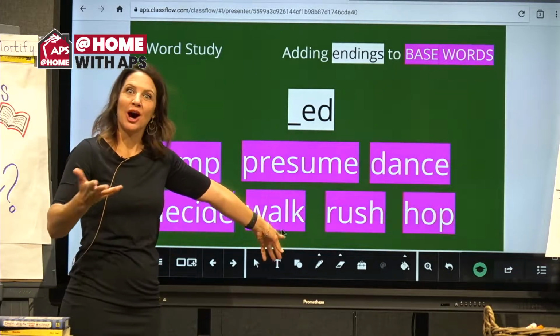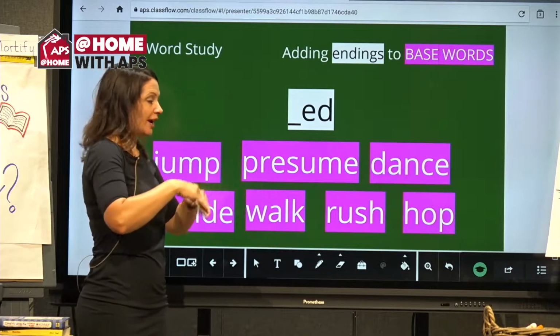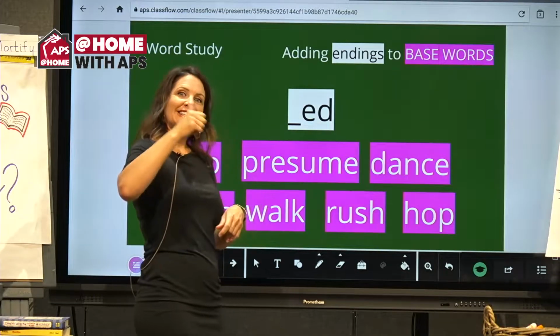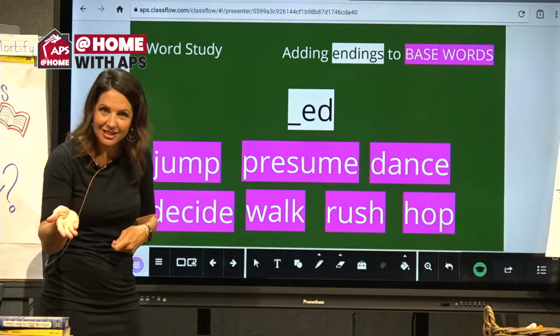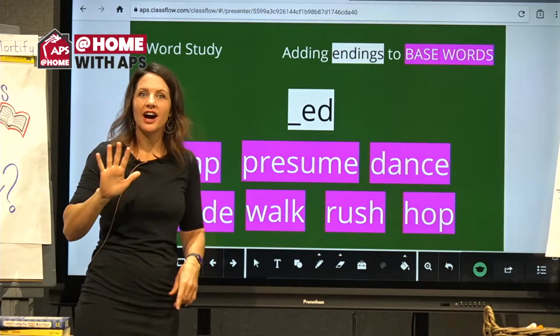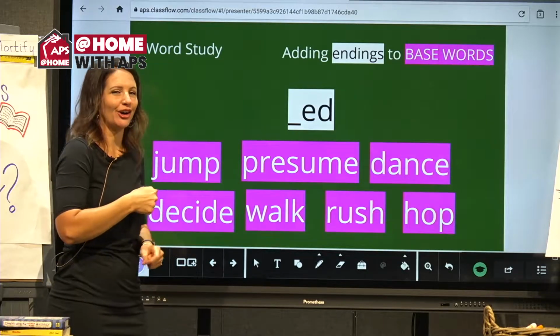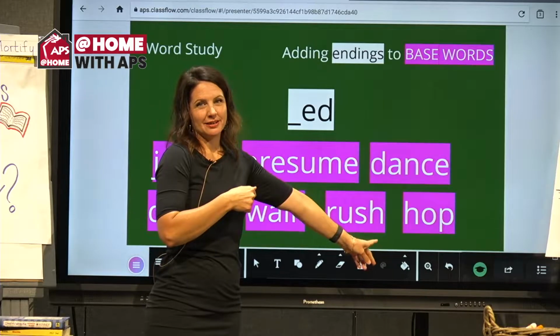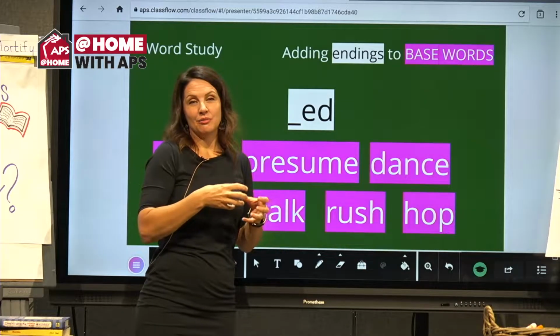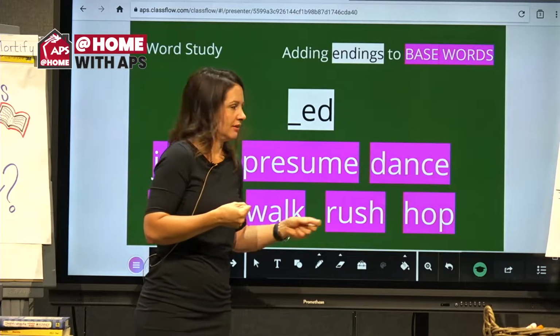My next word is walk. Right now, I can walk. Yesterday, I walked. Yesterday, I walked 5 miles. It's good for my heart. Rush. Sometimes I rush in the mornings because I'm in a hurry.